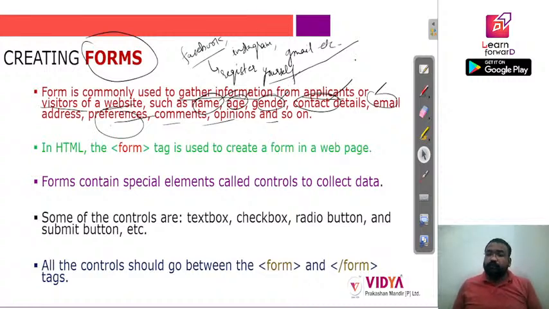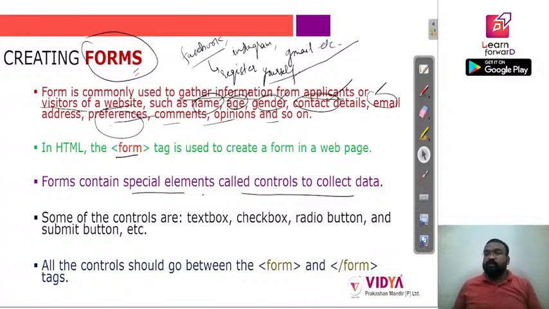Whenever we are going on this website and we do register, we use those widgets that are defined in this form that we are going to see today. To create a form in HTML, we use a form tag, which contains special elements which we call controls to collect data.